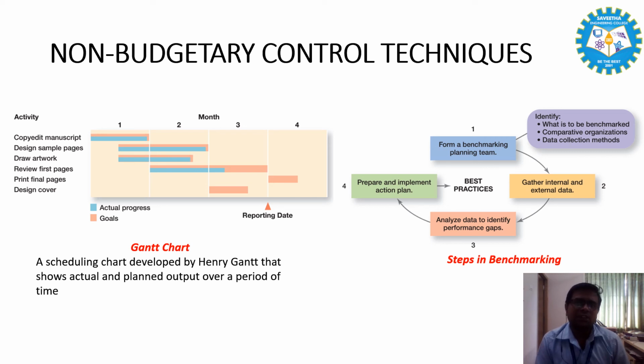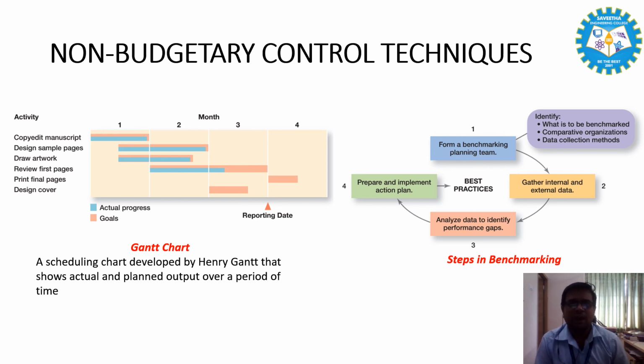The next one is benchmarking. Benchmarking is a standard of excellence against which to measure and compare. It is the hunt for the best practice among competitors or non-competitors, which will provide the best performance. The following steps are involved in benchmarking. A team is formed for planning the benchmarking.